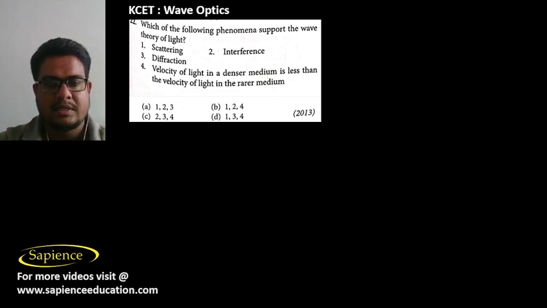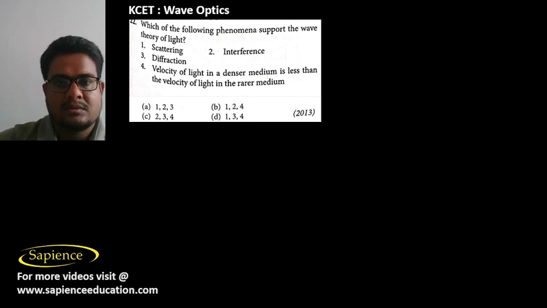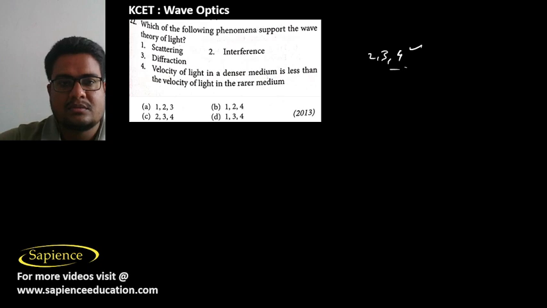Scattering does not support the wave theory of light, but the remaining things, which are interference, diffraction, and the velocity of light, support the wave theory of light. So statements 2, 3, and 4 are correct. So option C is the correct answer.